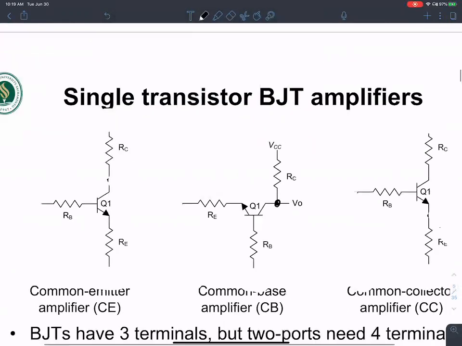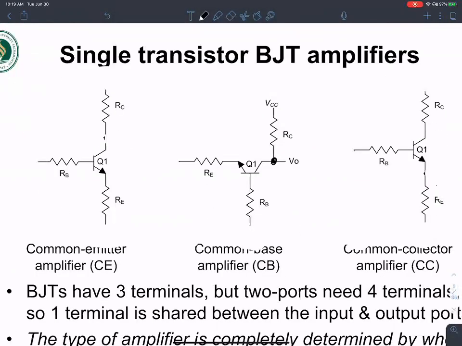Now, what I'm interested in finding out is the resistance looking into each of these. What is the resistance looking into the base? What is the resistance looking into the emitter? What is the resistance looking into the collector? They're going to be the same everywhere for all 3 topologies. So if I calculate one set of RIE, RIC, and RIB, it's going to be the same across the board.